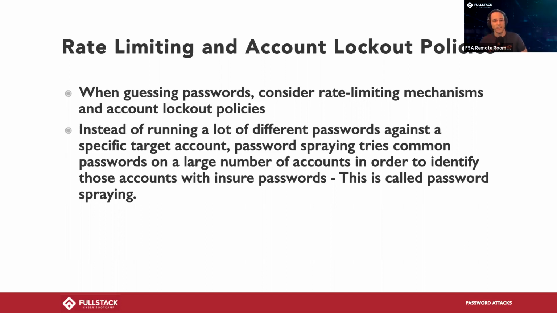We'll try like Ninja, football, password, and ABC or something like that. And we'll try one of those on each account, and hopefully that's the password for one of those accounts. So I don't think this would work as a way to decrypt your ransomware. Does that make it more clear?